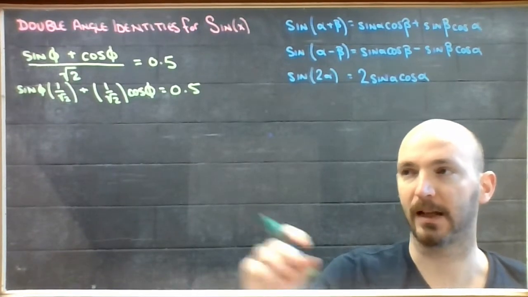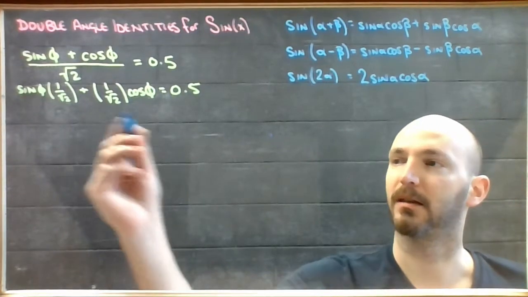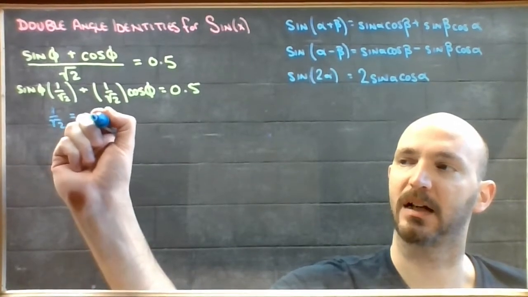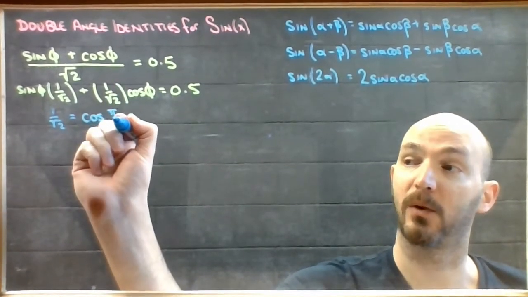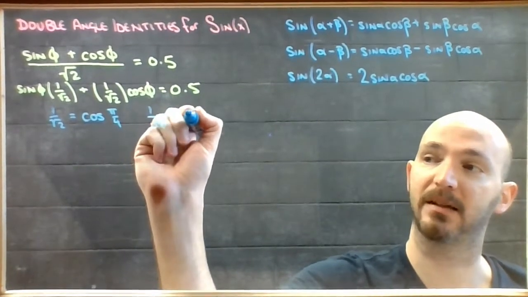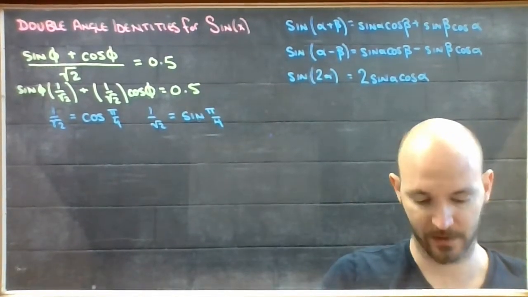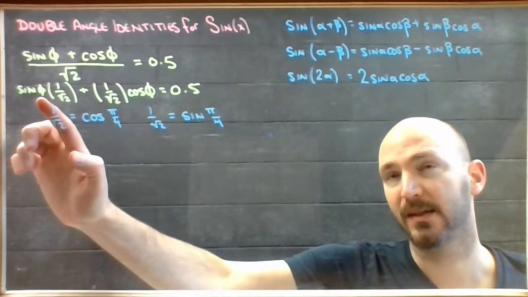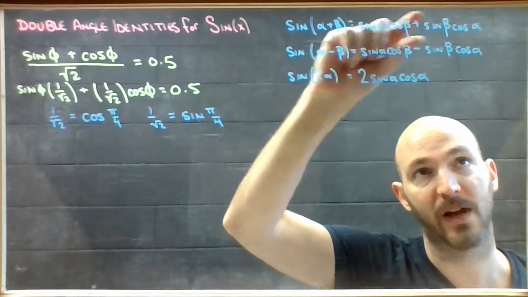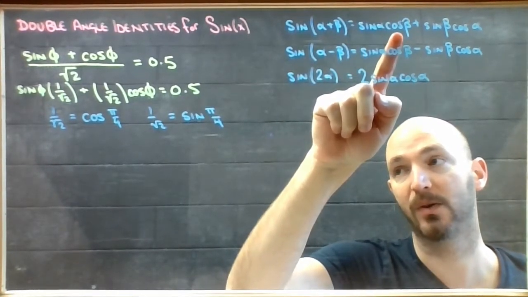All right. Now I'm going to recognize in my brain that 1 over root 2 happens to be the cosine of pi over 4, and 1 over root 2 happens to also be the sine of pi over 4 by special triangles. So in this front piece, because I see a plus sign and I see a plus sign there, I'm going to try and build this little structure here. I already have the sine. I need a cos attached.